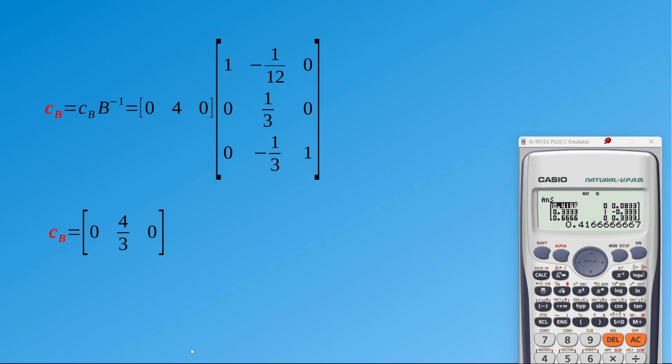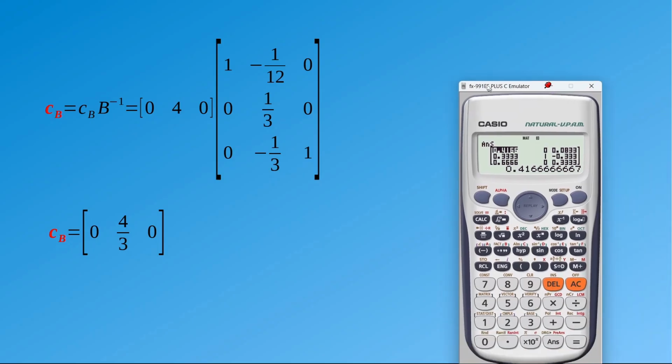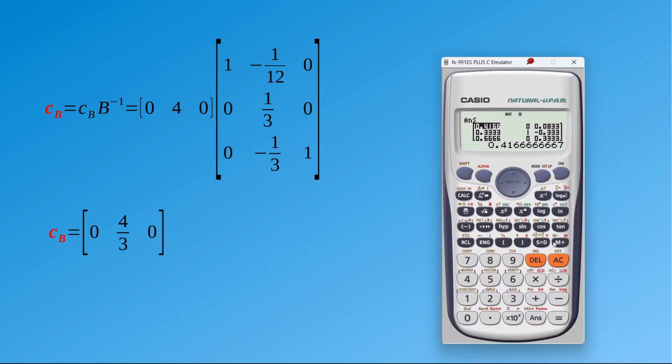Now the updated coefficient for the basic variables is found by taking CB and multiplying it with B inverse. To get B inverse, you have to do shift 4 and 4 and take the inverse. There you are.